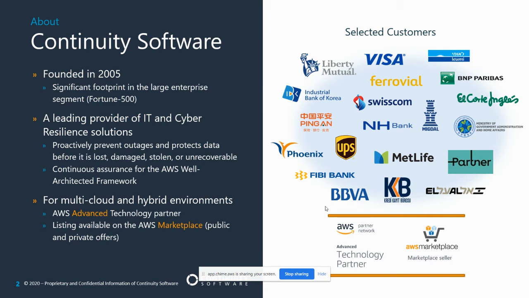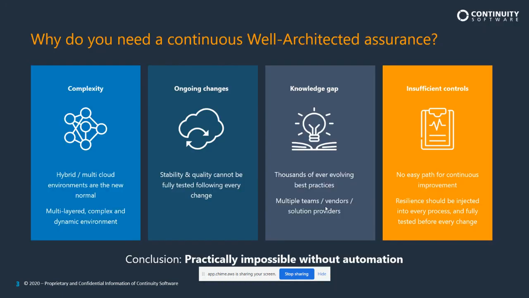In general, we are a multi-cloud hybrid company, and our relationship with AWS started as an advanced technology partner, and we are also available through the AWS Marketplace, both public and private listings.